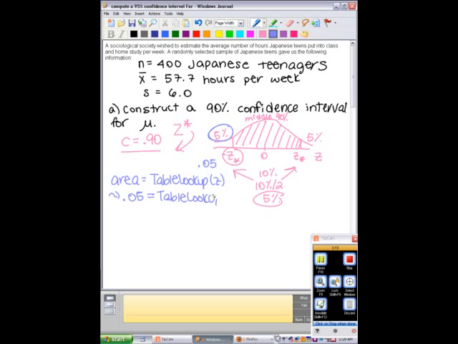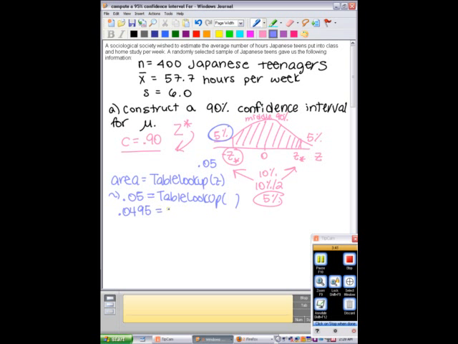On page 580, we have a choice between 0.0505 and 0.0495. We take the one closest to it without going over, so that would be 0.0495.